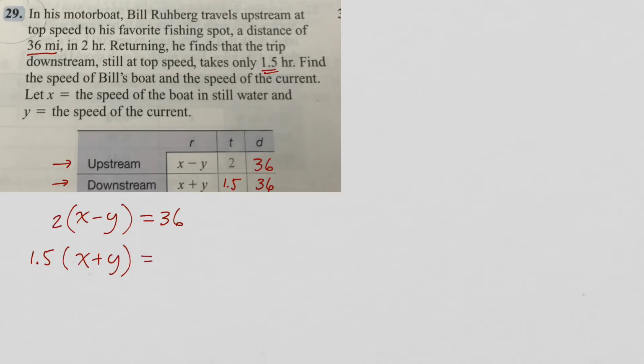Now, instead of distributing, if you divide each side by 2, you'll find that it's a lot easier here, so that you get x minus y when you divide the left by 2 equals 18 when you divide the right by 2. And on this equation, if we divide by 1.5, we're going to get x plus y on the left, and on the right, 36 divided by 1.5, I'll just use a calculator so I don't make a mistake, and that's 24.